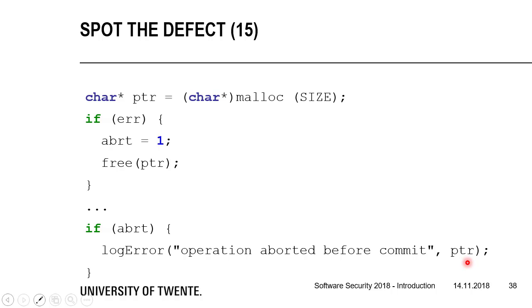So that will use memory that has probably already been allocated for something else. So the problem is here we are checking if an error occurred. We are setting abort to 1. We are freeing that memory that we have allocated here with malloc. And then later on, we are trying to actually use that memory again. We are not supposed to do that.